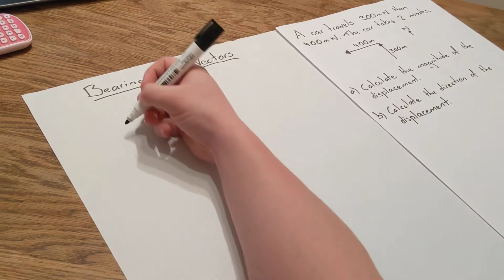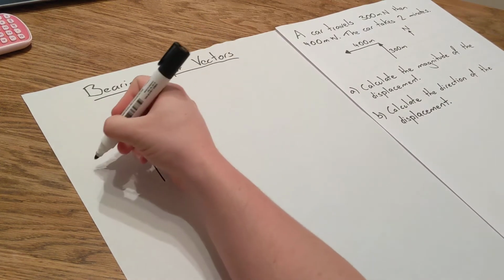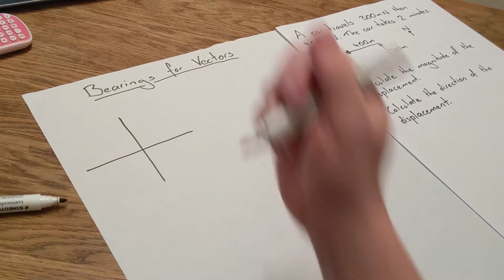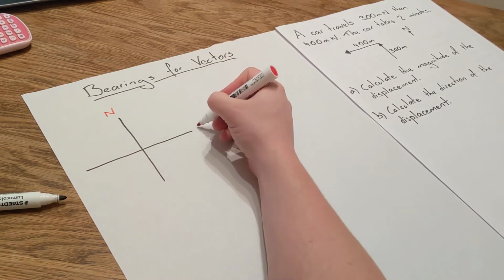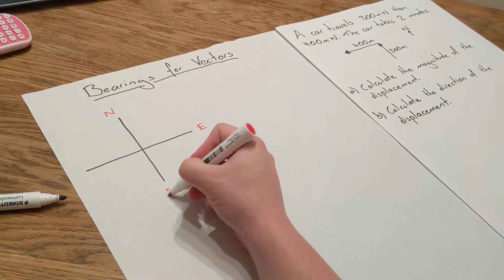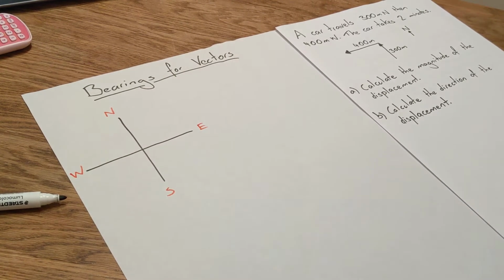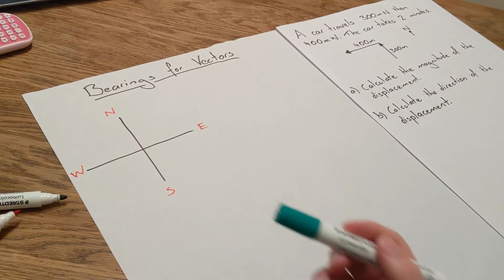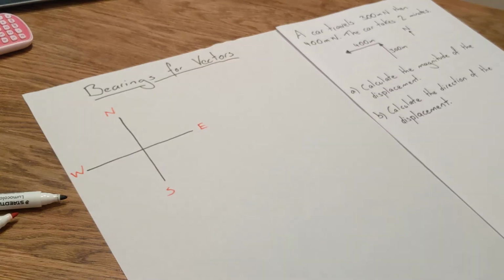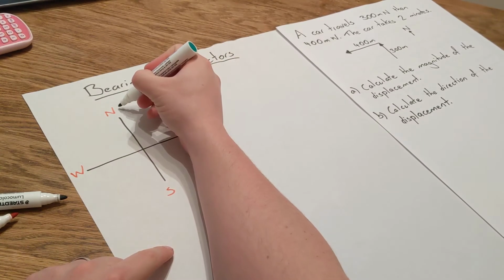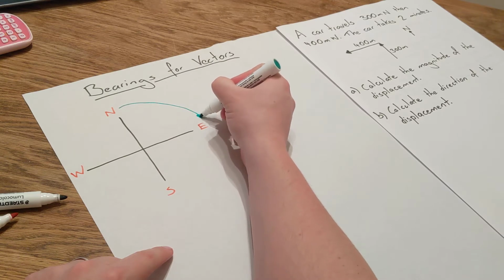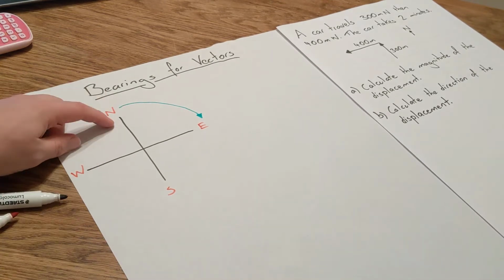So, the very basics of it are your compass points, okay? We have north, east, south, and west. Now, the standard for all bearings is that they are measured from north. So the bearings are measured this direction around and always measured from north.